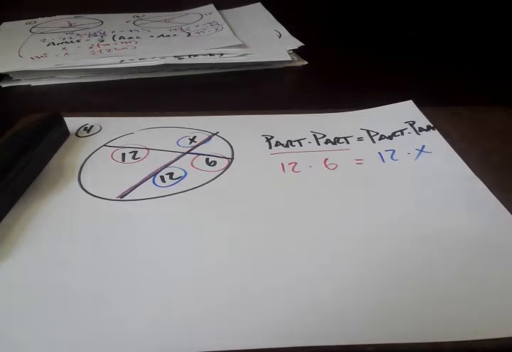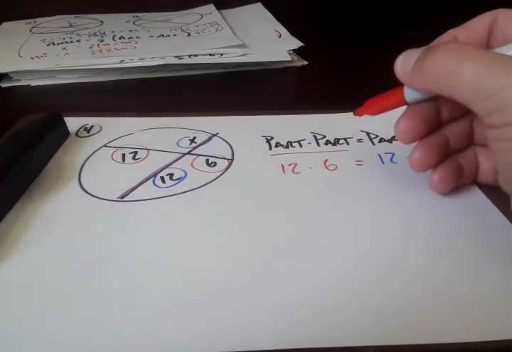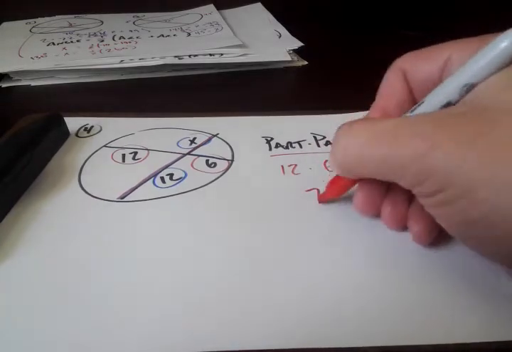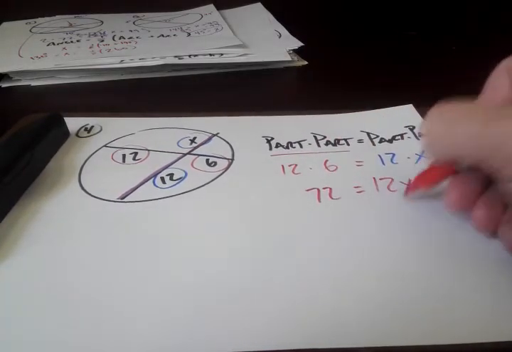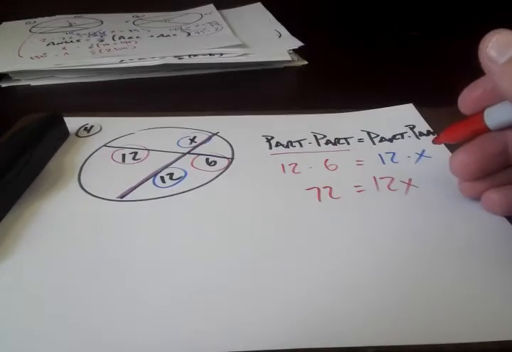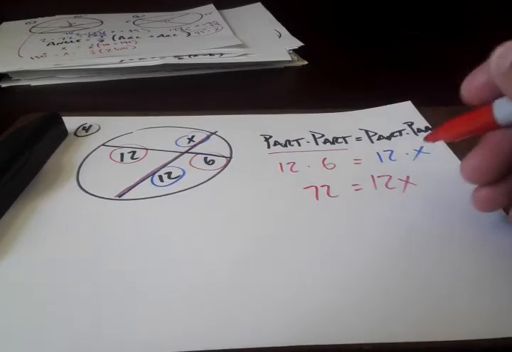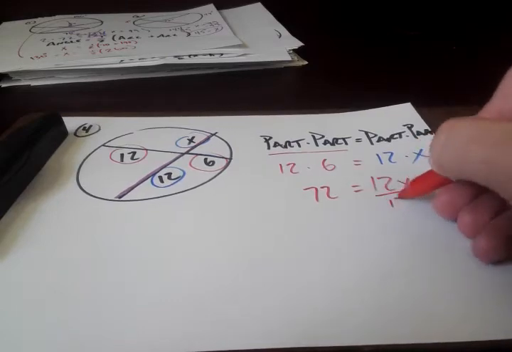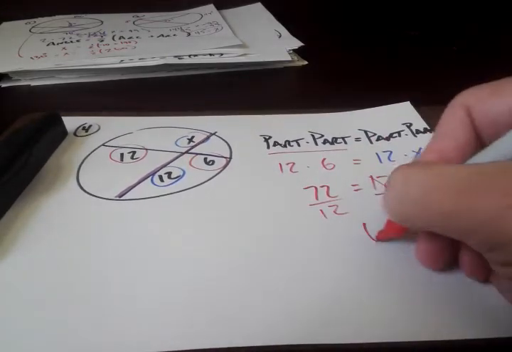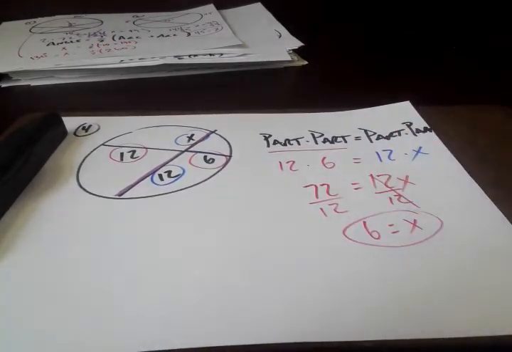So what is 12 times 6? I think if you check in your calculator, you should get 72 equals 12x. And how do we divide by 12? Should give us 6. So x should equal 6 in this problem.